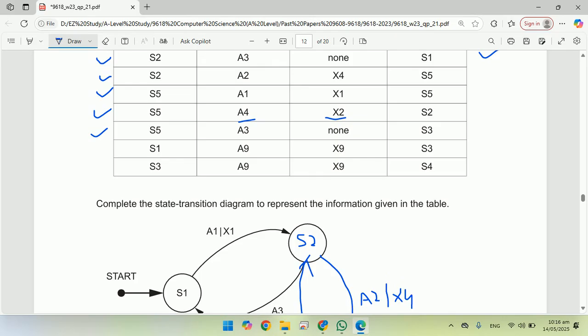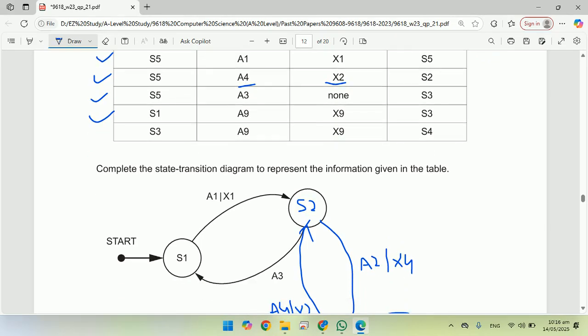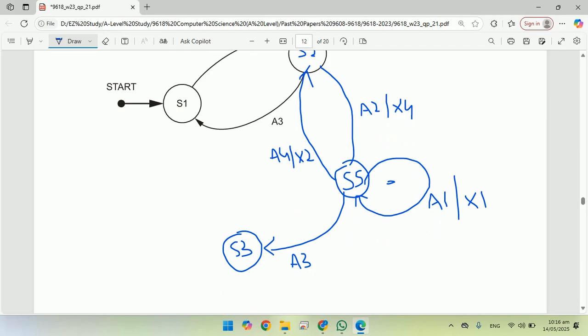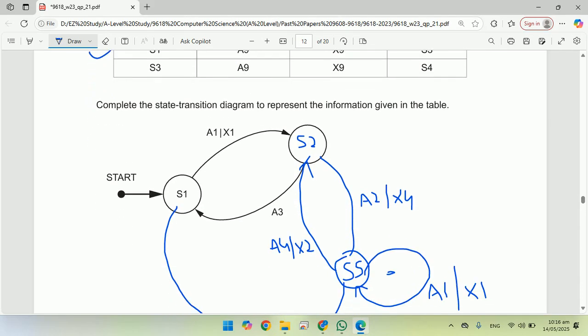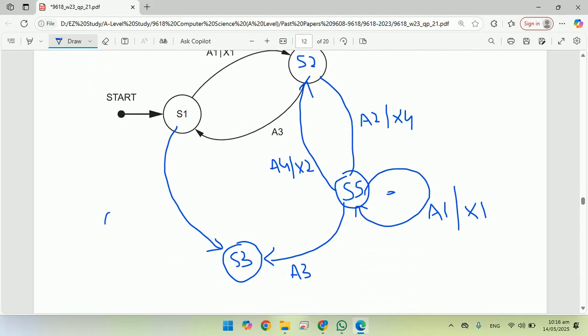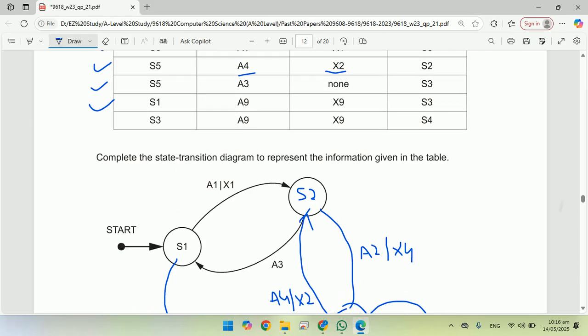And then the second last one says S1 current state and going to S3. So you can connect this one with this one, and the transiting factors are A9 and X9. So you may say A9, X9.